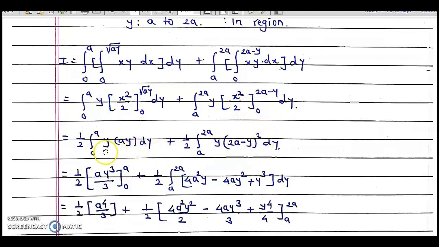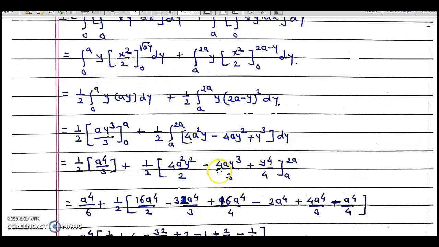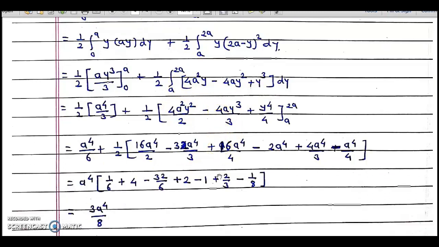If we expand the term, we get ay square whose integral is ay cube by 3. Whereas here, if we expand this bracket (a minus b) whole square, we get a square minus 2ab plus b square into y gives us all these three terms. Then once they are integrated for upper and lower limit and solve, we get the answer 3a raised to 4 by 8. So here we end the session on change the order of integration.